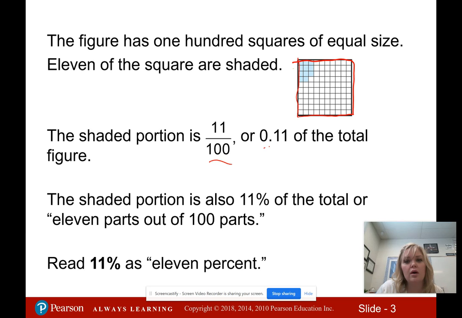Or 0.11, which is 11 divided by 100, as a decimal. We could also say that 11% of the total parts are shaded, because this symbol right here we know is percent, okay?